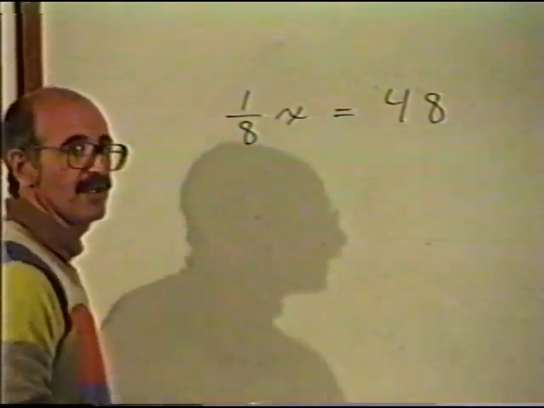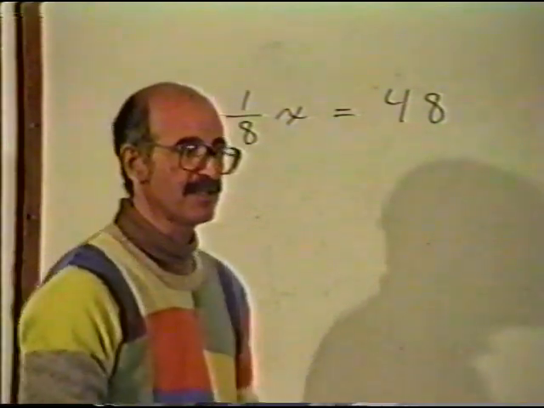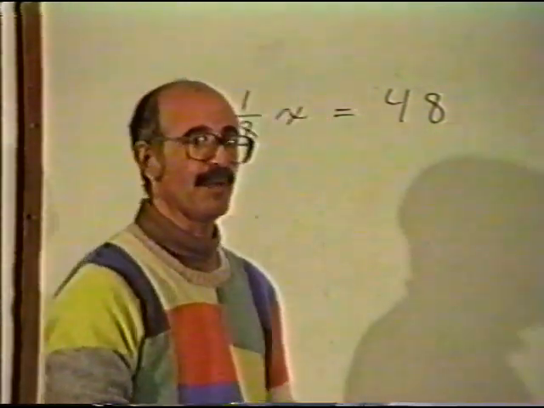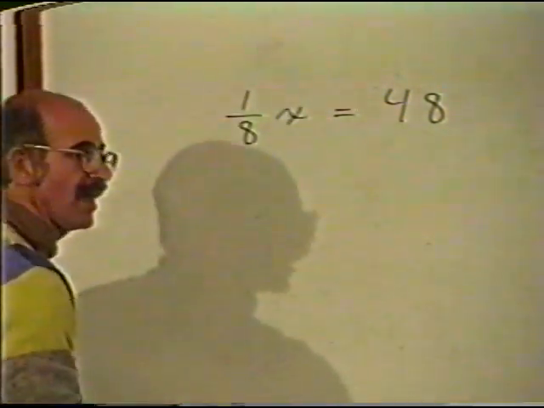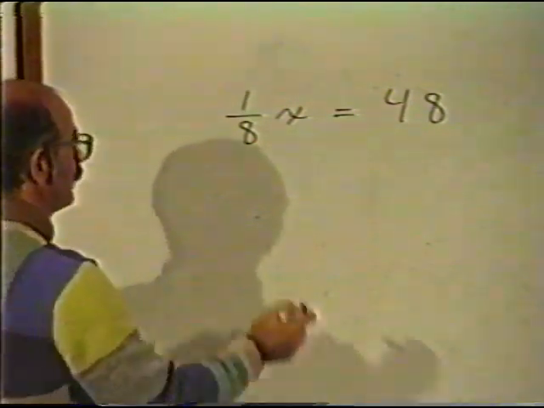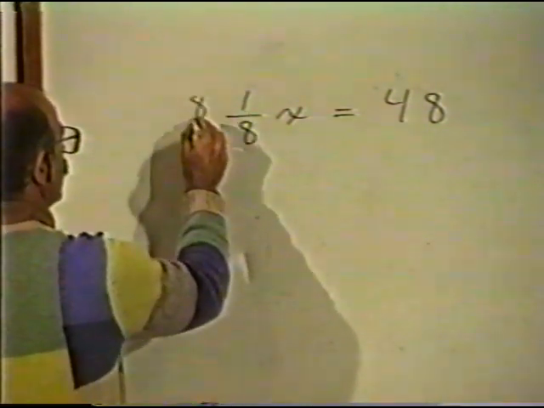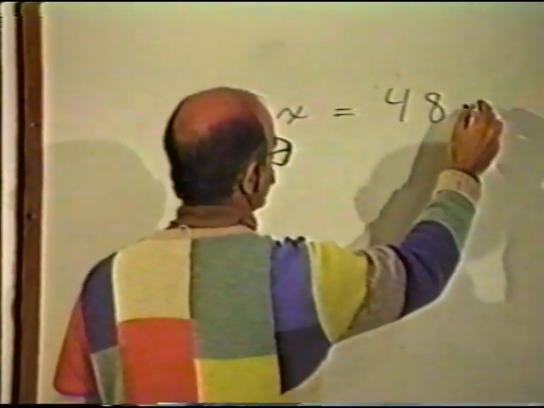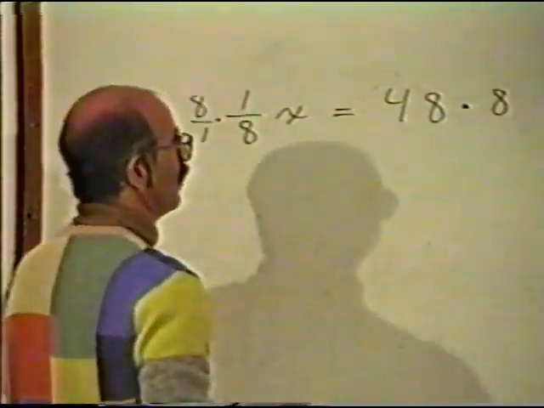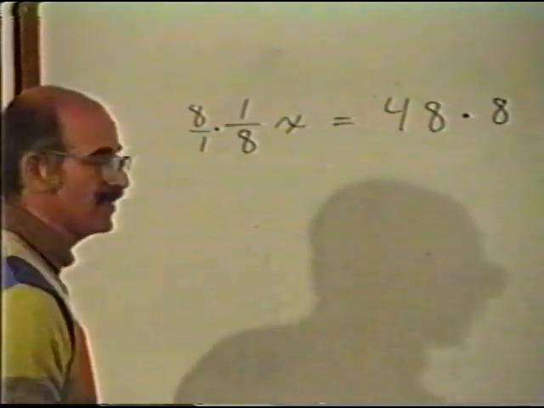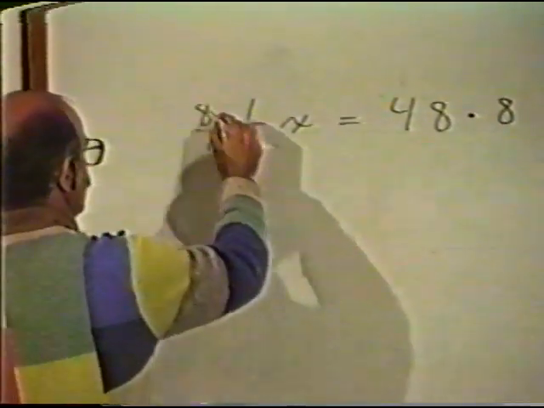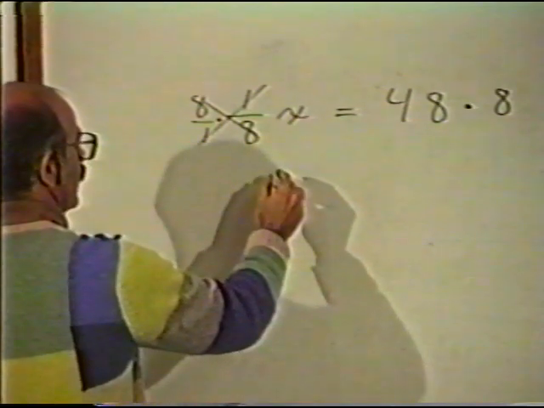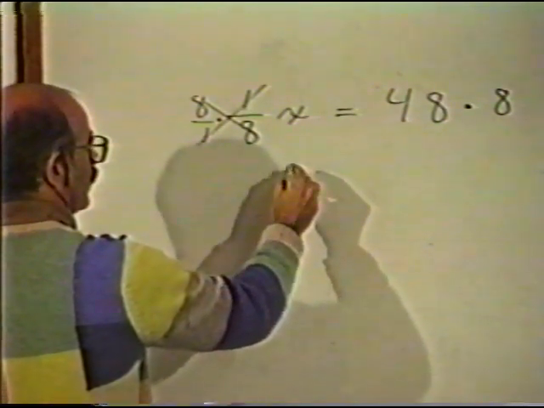In order to make that fraction disappear, we have to multiply both sides by the flip-flop, which is 8 over 1. And this side, we'll just write the 8, because we know that 8 over 1 is really just plain 8. These cancel away, leaving us just plain x.